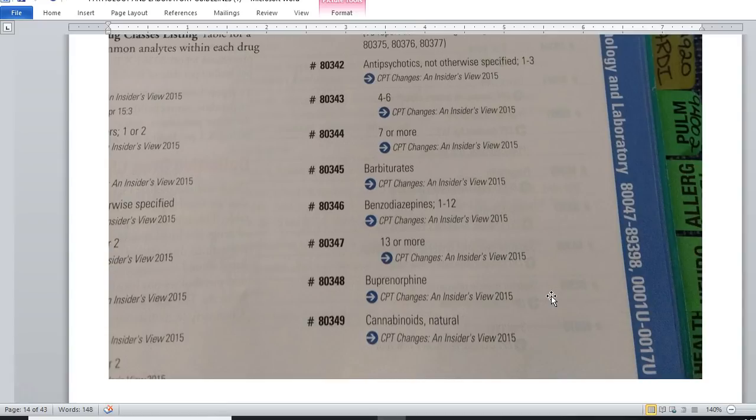The other thing is we might have to do some online research, especially if these are new street drugs. So that's one of the things we want to keep in mind: do we know what we're looking at? If we don't, 80375, 76, and 77 are used unless the drug falls under the therapeutic drug assays or the chemistry section. So again, we want to be careful.